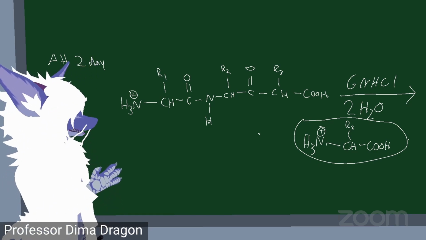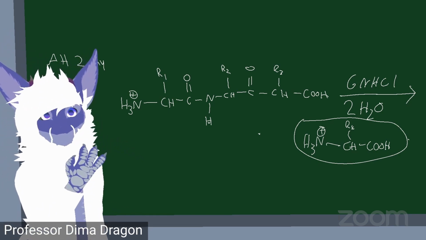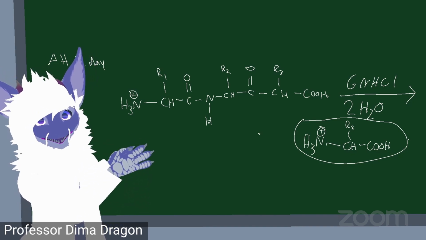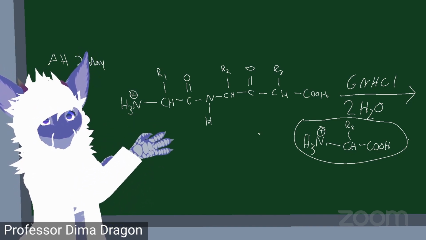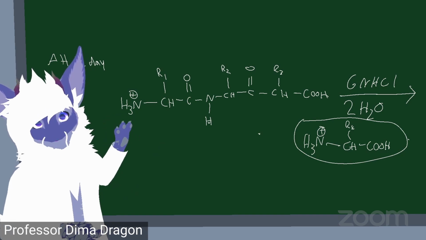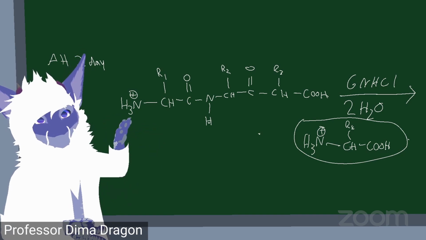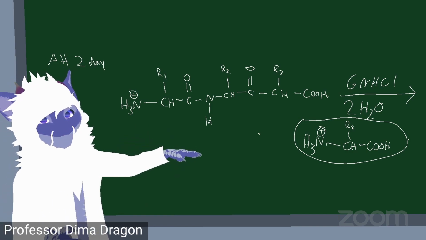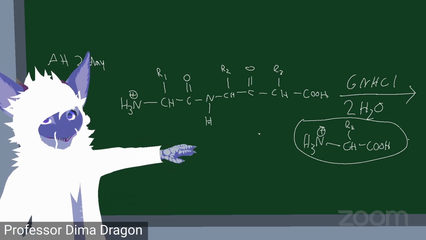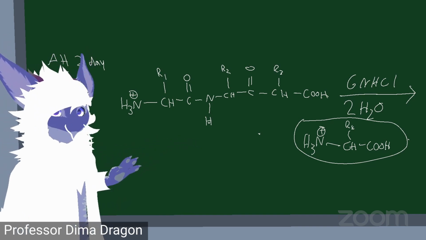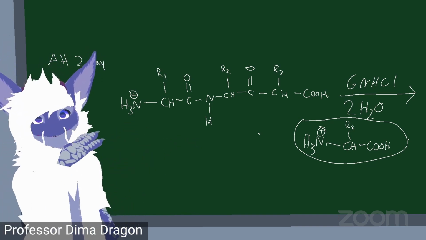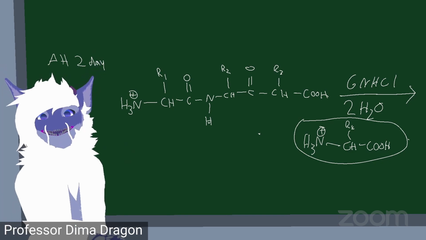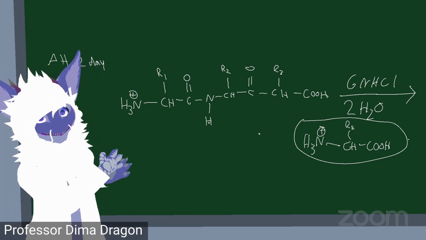But to go over this, what we have here is our amino acid in our sample, and the addition of six normal HCl and 2 parts water. That's what's going to be adding the water to the covalent peptide bonds, therefore cutting it, cleaving it, basically hydrolyzing it, acid hydrolysis.